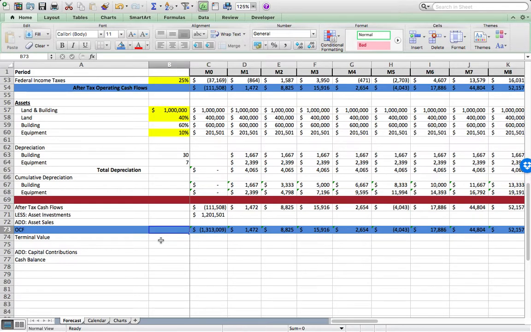But basically, the simplifying assumption that most people make for terminal value on a project is what they would call a growing perpetuity. A perpetuity is a cash flow that just continues on forever, with no defined end to it. And a growing perpetuity continues to grow at some percentage over time.